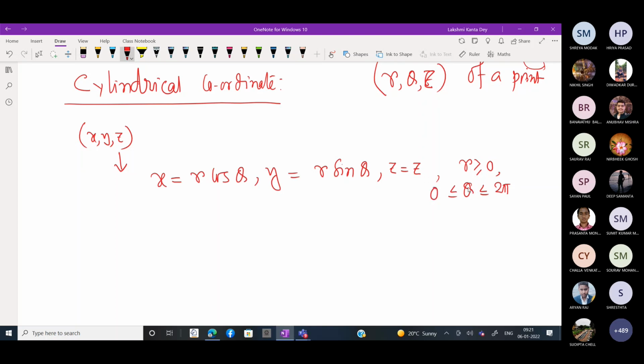So all of you understand why it is happening. Why its name is cylindrical, because it gives ultimately a cylinder of radius r equal to a. If we look at the picture, this is your z. Suppose this is the point P, x, y, z.